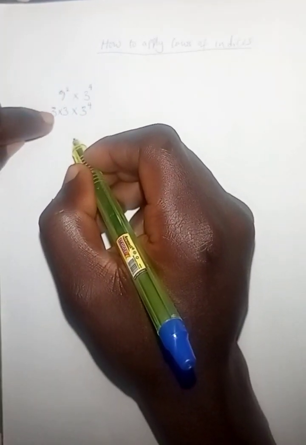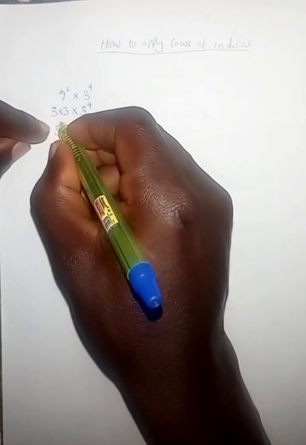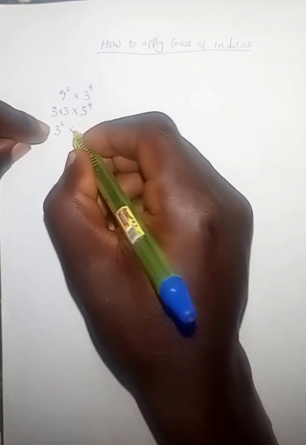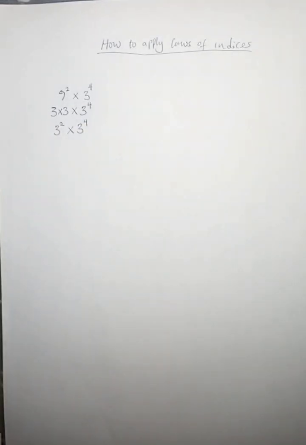Times 3 to the power of 2, so we have 3 to power of 2 times 3 to power 4.